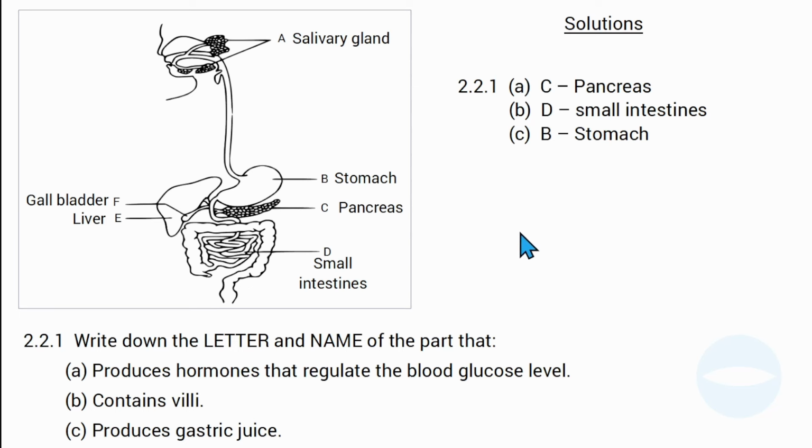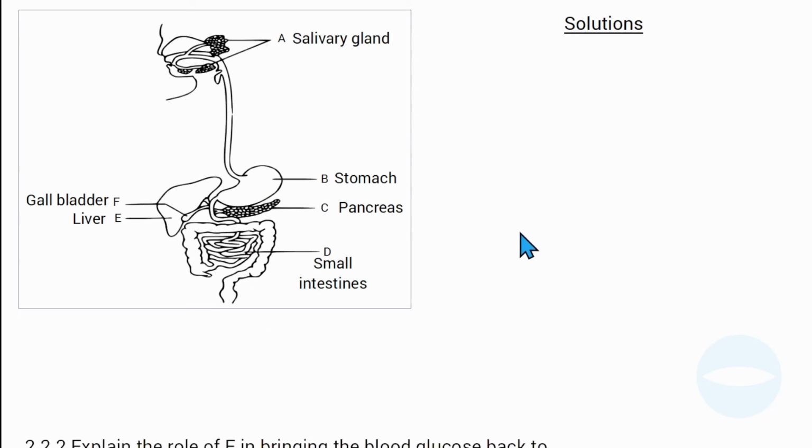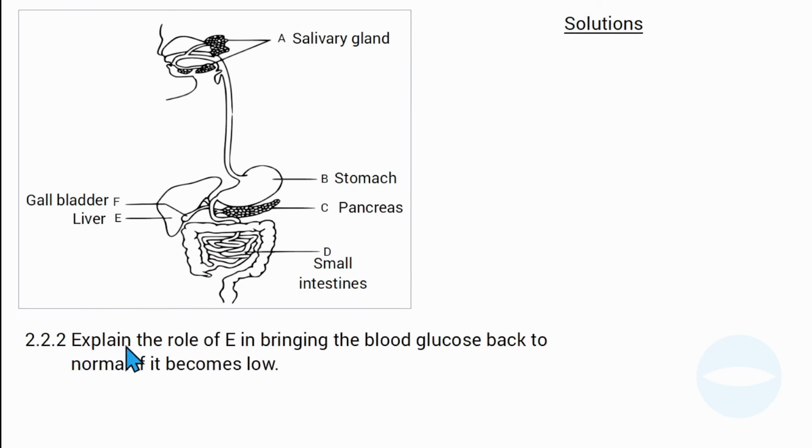Let's go to the next question. The next question says, explain the role of E in bringing the blood glucose back to normal if it becomes low. Now we are talking about E. E is the liver, and the liver is the place where glucose is converted.